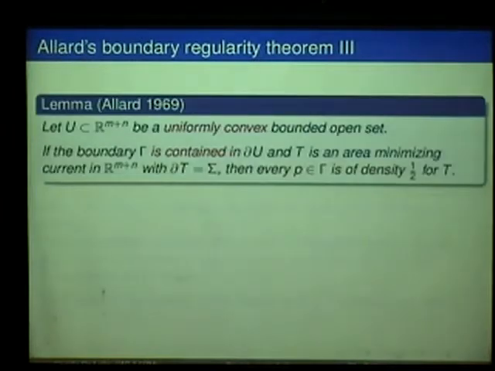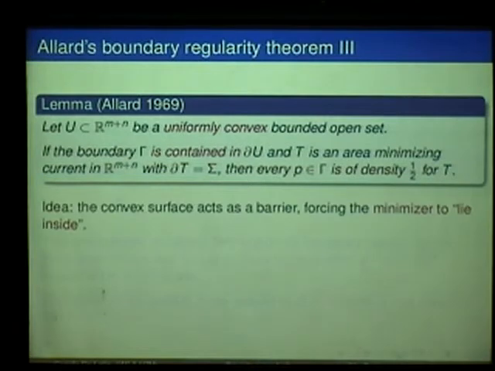Here is a lemma by Allard which tells you that if you have an open set which is bounded and uniformly convex, and if the boundary data gamma that you're interested in is contained in the topological boundary of this open set, then any area minimizing current which bounds gamma, here is again a typo, not sigma, has density 1/2 at every point. And then with the theorem, you conclude that every point is regular. So if you're lying on the boundary of a convex set, you have full regularity.